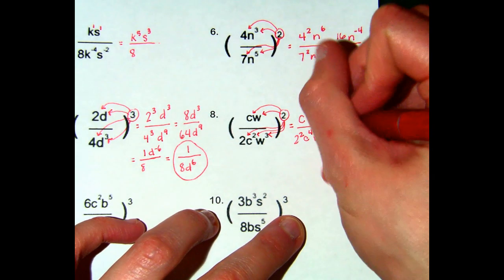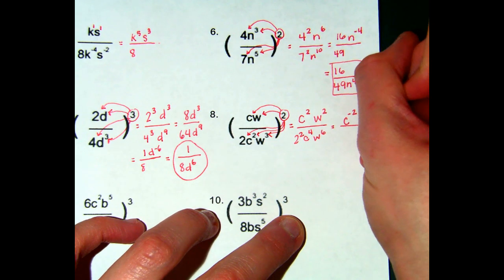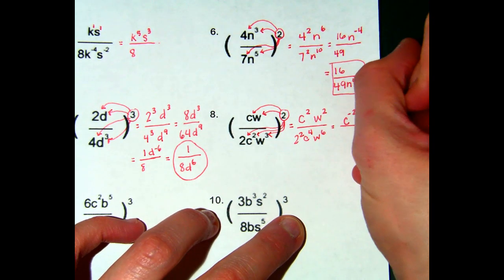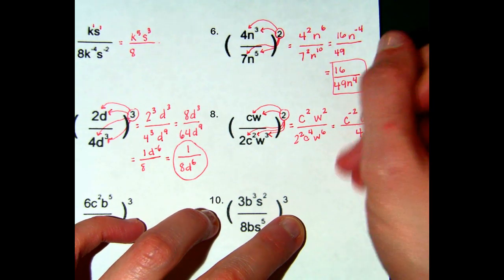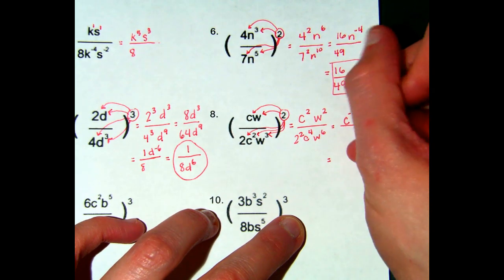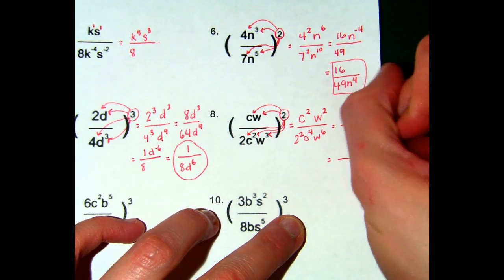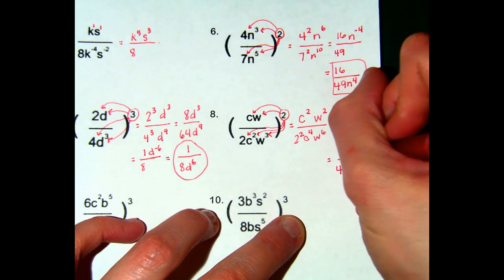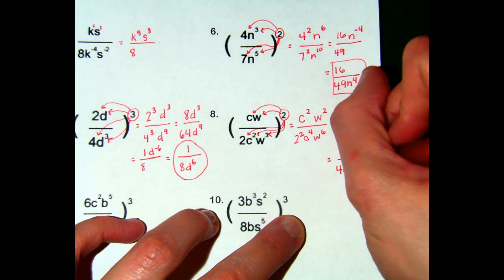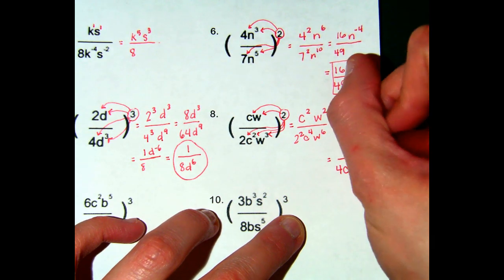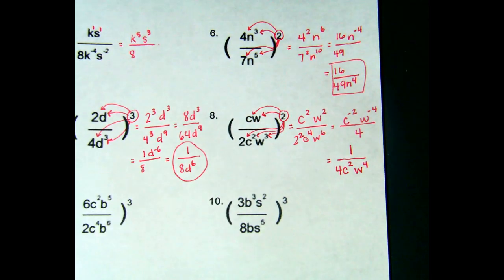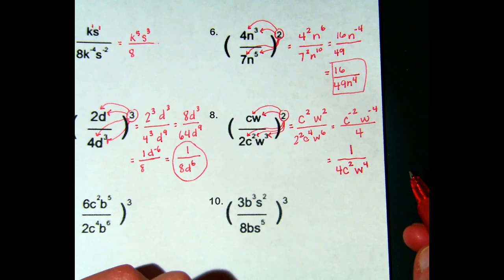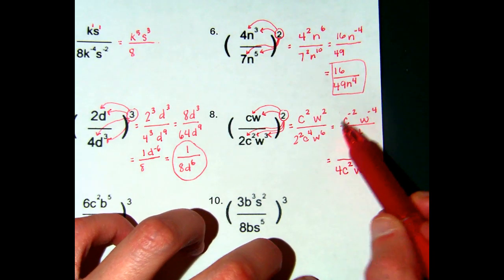W, 2 minus 6 is negative 4. And 2 squared is 4. Still not finished. I got negative exponents. 4 is on the bottom. C to the negative 2 needs to move. W to the negative 4 needs to move. Nothing is left on top, so we have our 1 there. Not nothing, 1 is a number, but all of these have a 1 in front anyway.